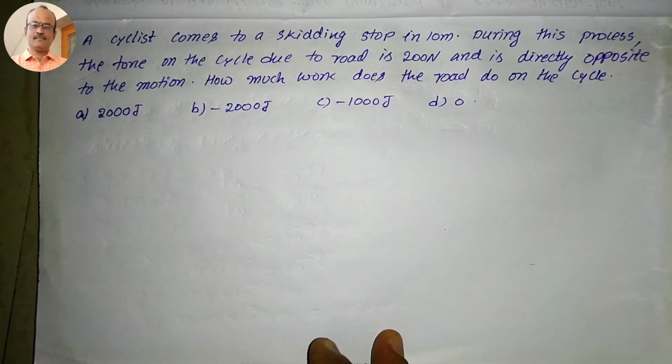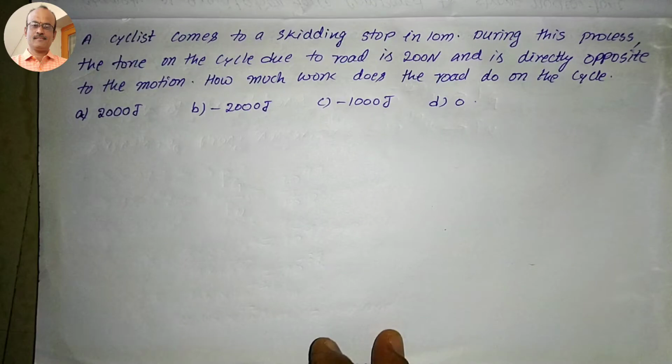Now the question number 13. A cyclist comes to a skidding stop in 10 meters. During this process, the force on the cycle due to road is 200 newtons and directly opposite to the motion. How much work is done by the road on this cycle?